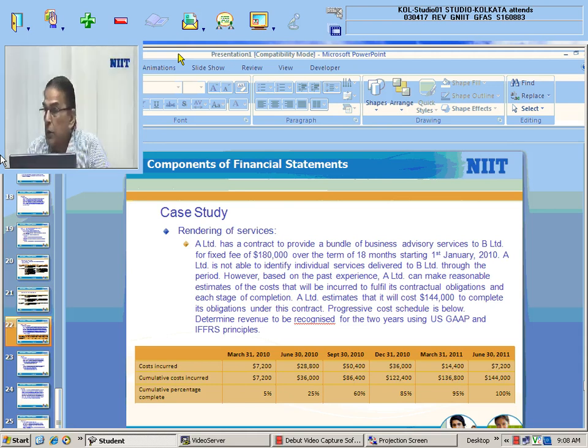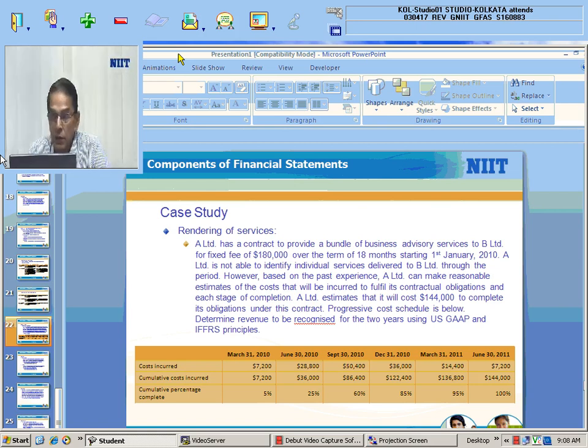On September 30, 2010, that means the quarter from July to September, cost incurred is 50,400 and cumulative cost incurred is 86,400, which is 60% of the total cost of 1,44,000. The cumulative percentage completion is 60%.